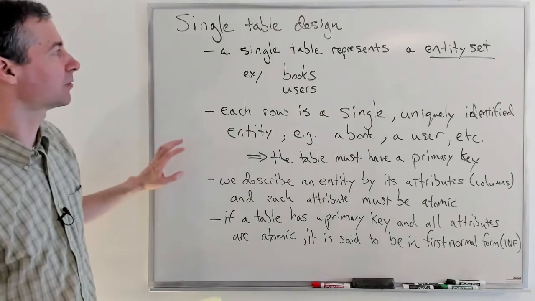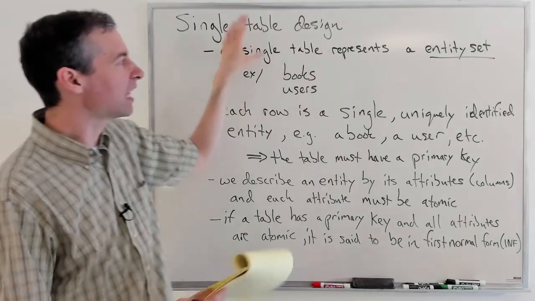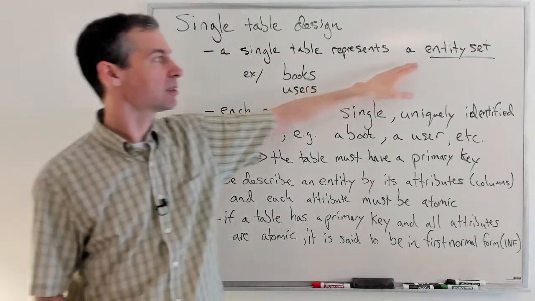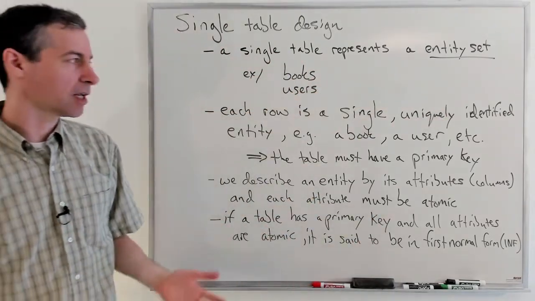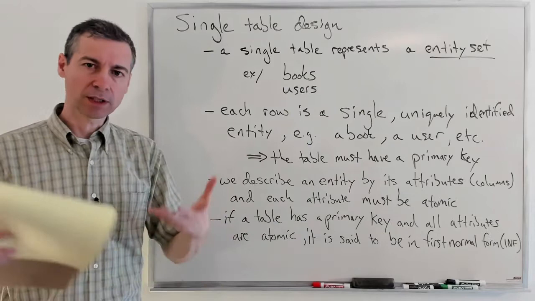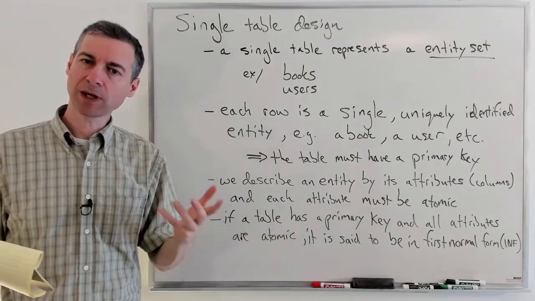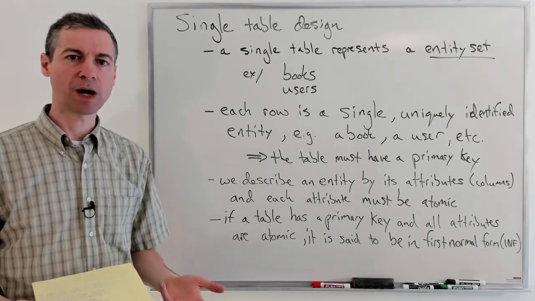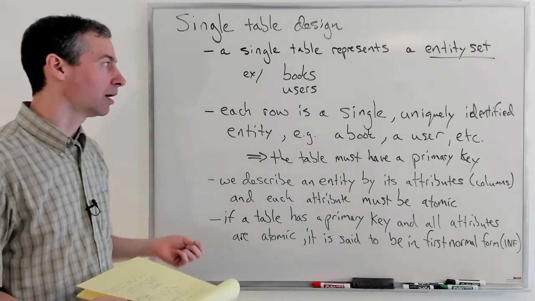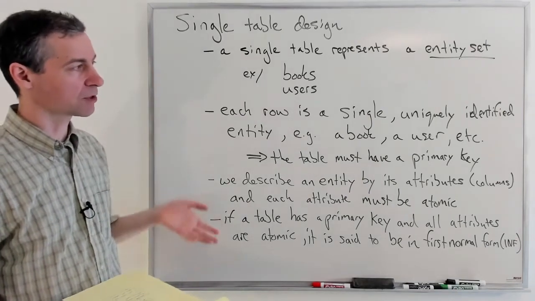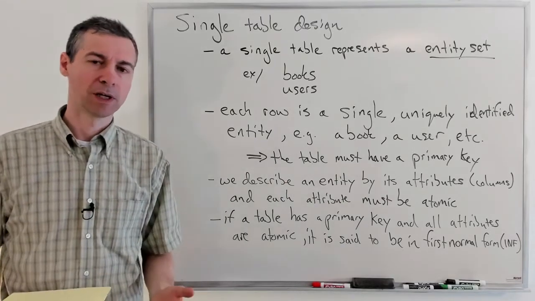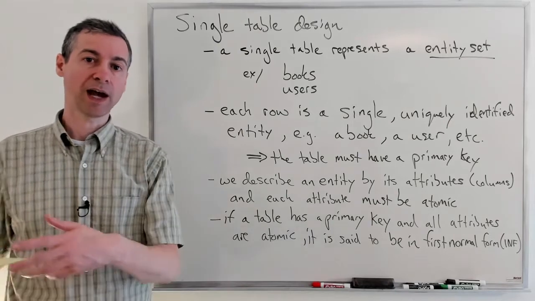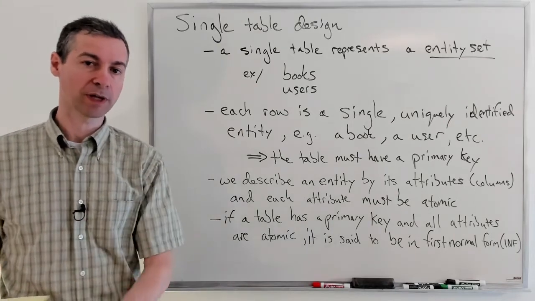I've kind of blended two things together by saying single tables are entity sets, but what I'm really getting at is that the first and main set of tables we think about are all the entities that we're going to be modeling in our system. We'll talk about relationships, relationship sets, and how to actually represent them as a table as we go along.